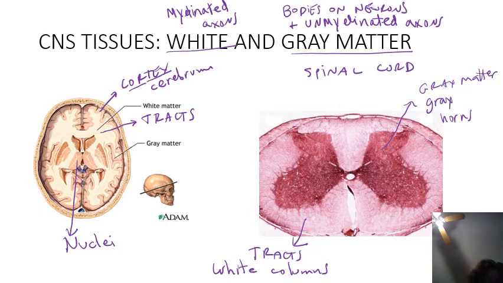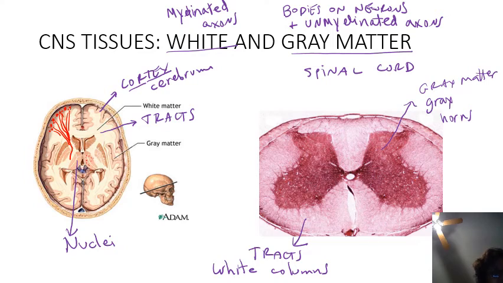So you could imagine bodies of neurons, millions of them, clustered in the cortex of the cerebrum, while their axons travel as tracks within tracts in the white matter.